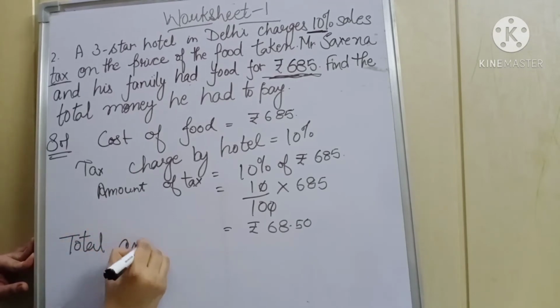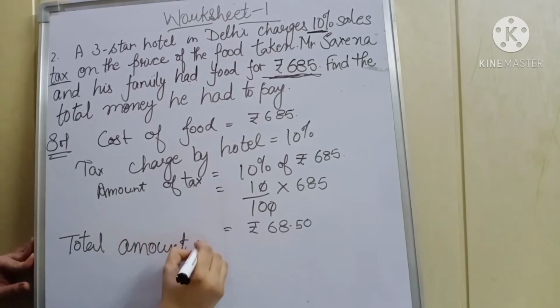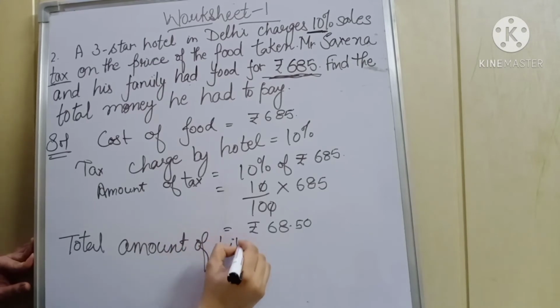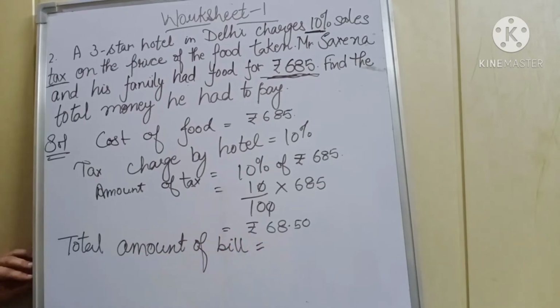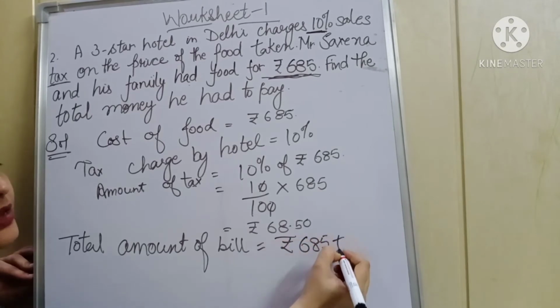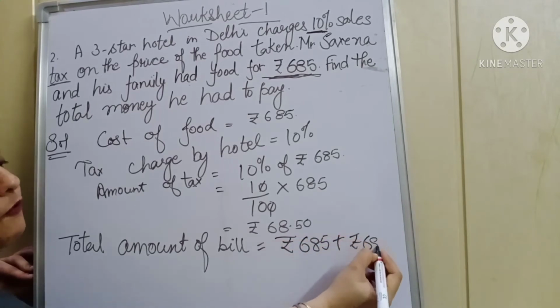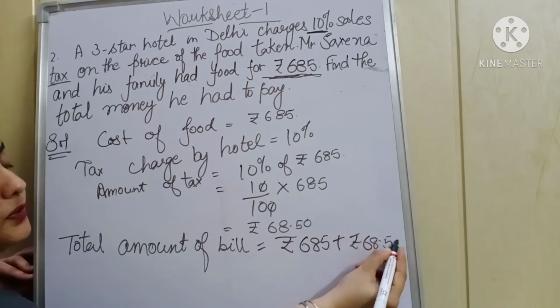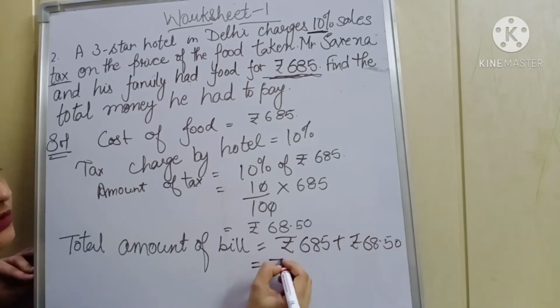Total amount of bill is equal to cost of food 685 plus the amount of tax, 68 rupees 50 paisa. So how much?